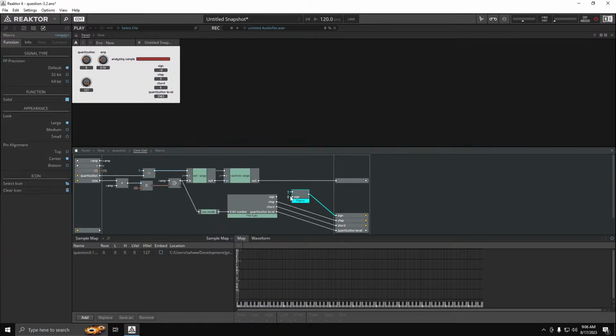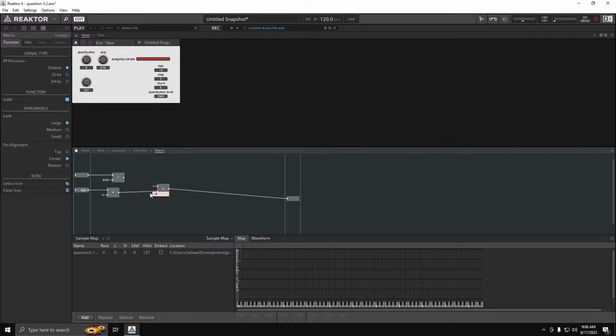Now it's going to be 1, a positive value. 0, it'll be a negative. Oh. Wait. I'm stupid.